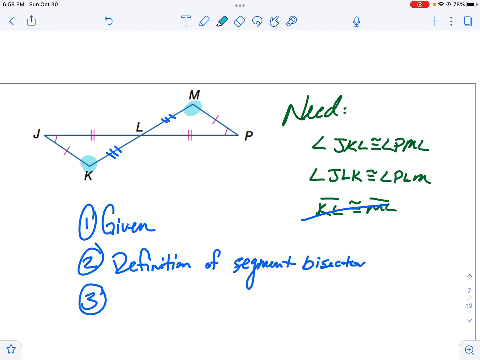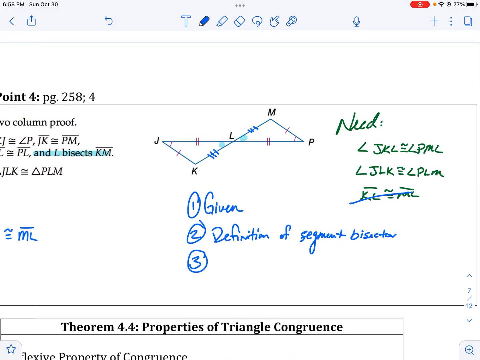K and M, not super obvious how those 2 might be congruent, but is there any way that I could say that these 2 angles right across from each other are congruent? What kind of angle pair do you see at L? I see vertical angles.